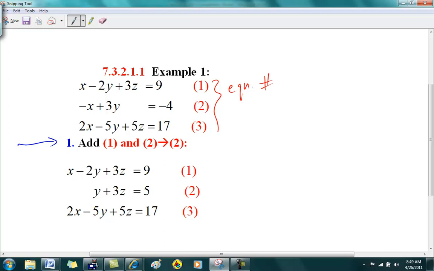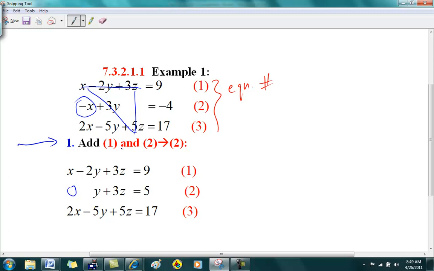Remember, my goal is to make this look like a triangular system. So there's only z in the last equation, y and z in the second one, and the top one is going to be x, y, and z. That's my goal. So right now what I'm trying to do is make this a 0, make that a 0, as you can see in here. And I'm doing it by following this step.